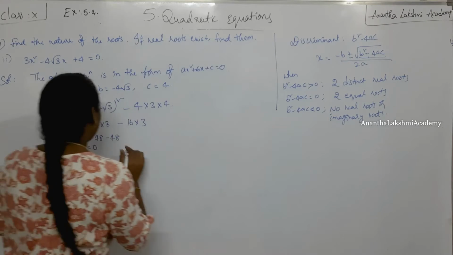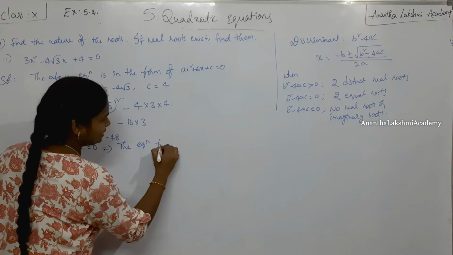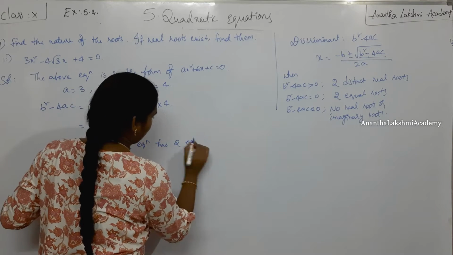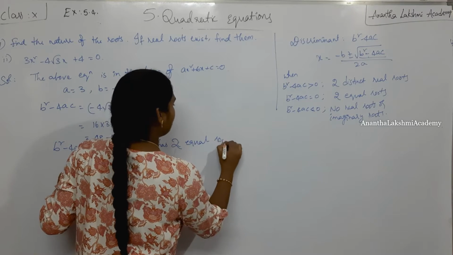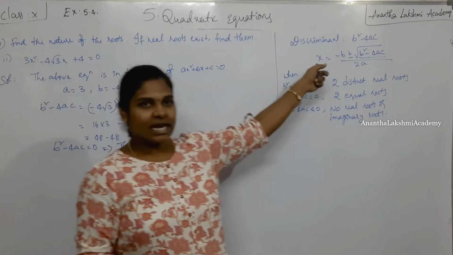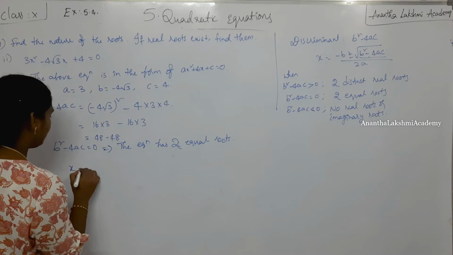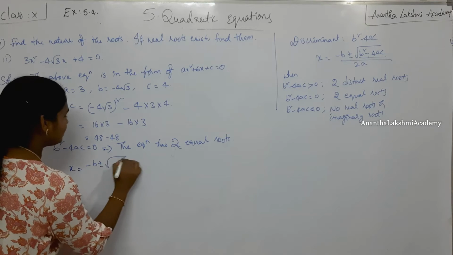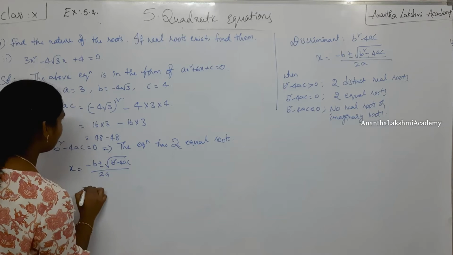Alright, so this implies that the equation has two equal roots. Now, how do we figure them out? From this formula, can we figure it out quickly? Yes. x is equal to minus b plus or minus under root of b square minus 4ac by 2a. What is minus b?